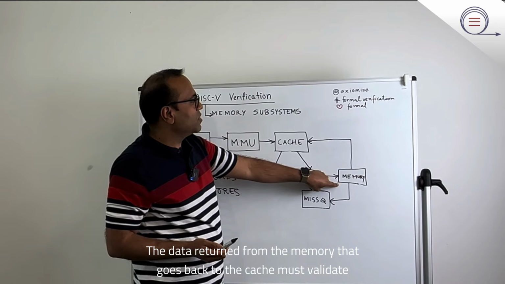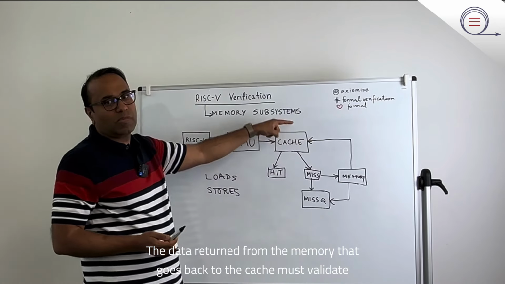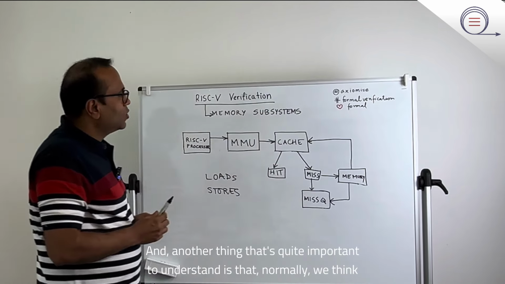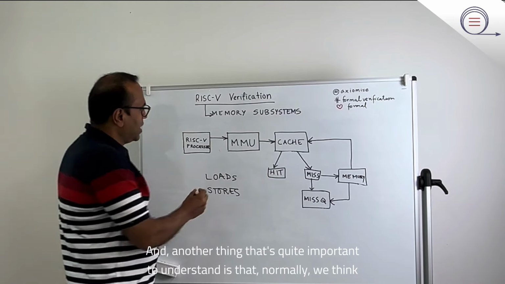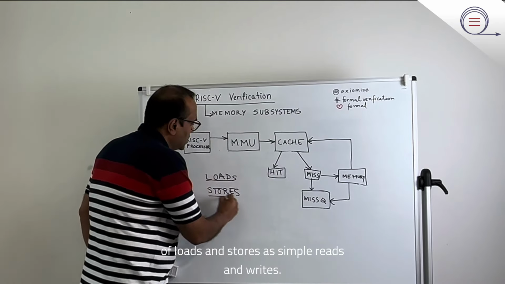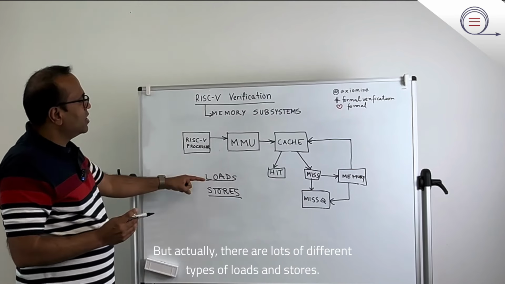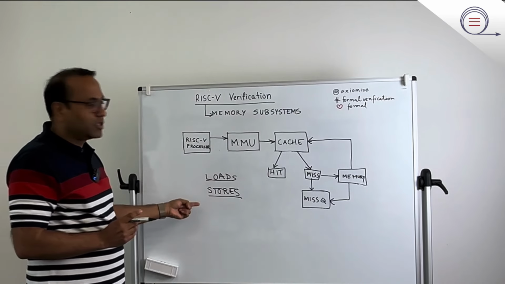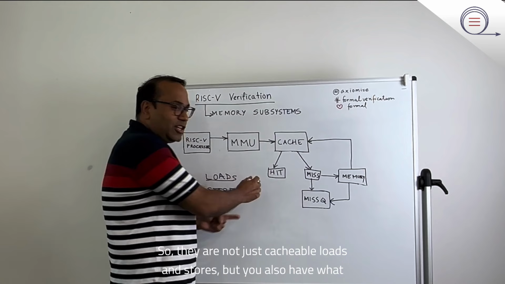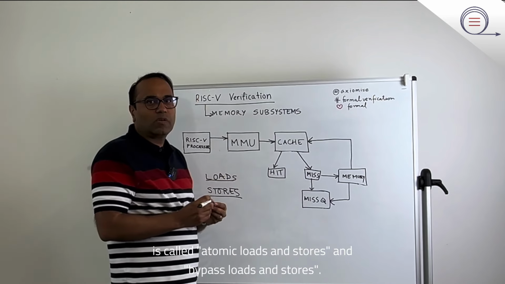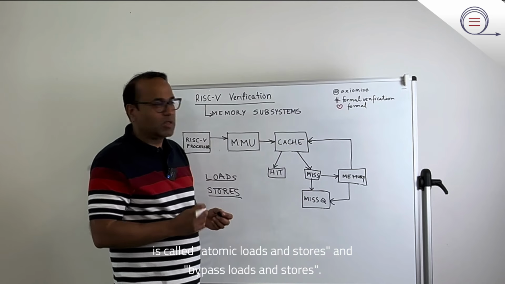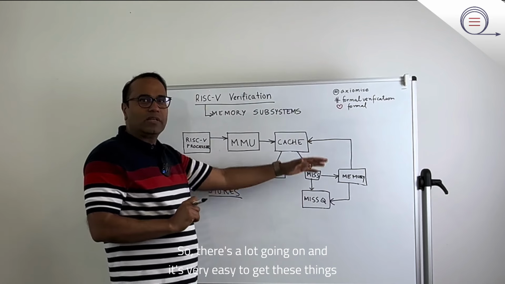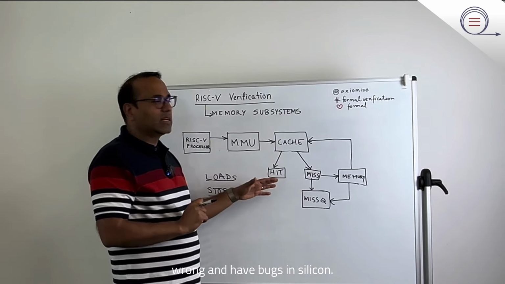The data returned from the memory that goes back to the cache must validate or invalidate the cache lines correctly. Another important thing to understand is that normally we think of loads and stores as simple reads and writes, but actually there are lots of different types. There are not just cacheable loads and stores, but also atomic loads and stores and bypass loads and stores. So there's a lot going on, and it's very easy to get these things wrong and have bugs in silicon.